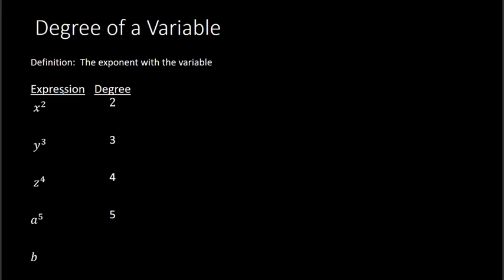Now here, if there is no exponent, it's an assumed 1 because there's 1b here. So the degree of this expression would be 1 because the exponent is an assumed 1. So then, once you know the degree of a variable, you can use that to find the degree of an entire term.